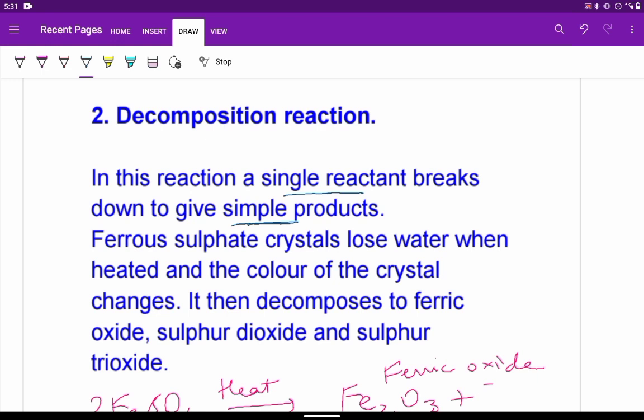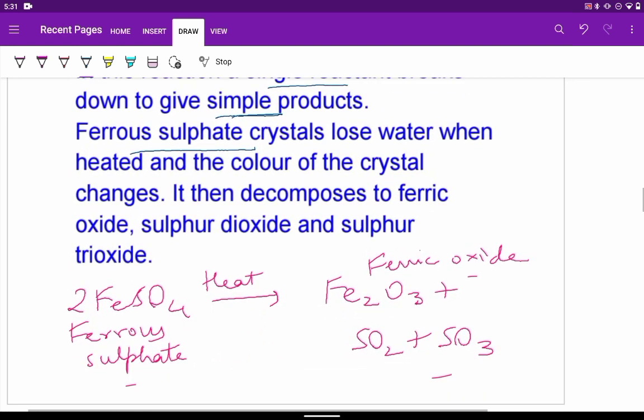Like ferrous sulfate crystals. They lose water when we heat, and the color of the crystal will change. Then it decomposes to give ferric oxide, sulfur dioxide and sulfur trioxide. So this is ferrous sulfate.